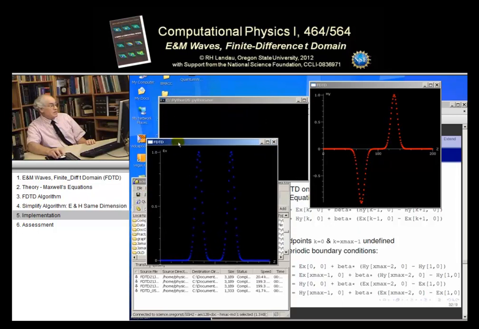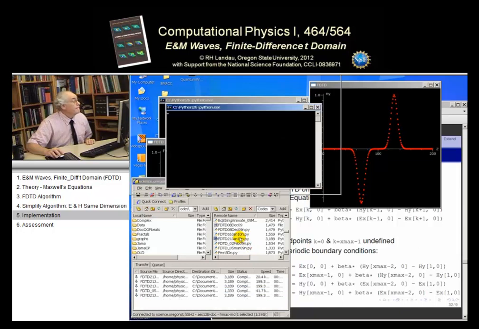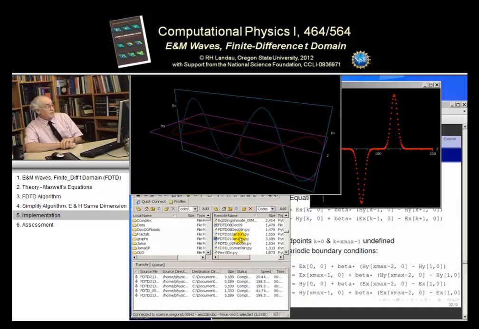So this is the E field pulse moving along, and that is the H field. If we put them together and make an animation, you can see little flashes as it's moving along. This is the propagation in time for our problem.